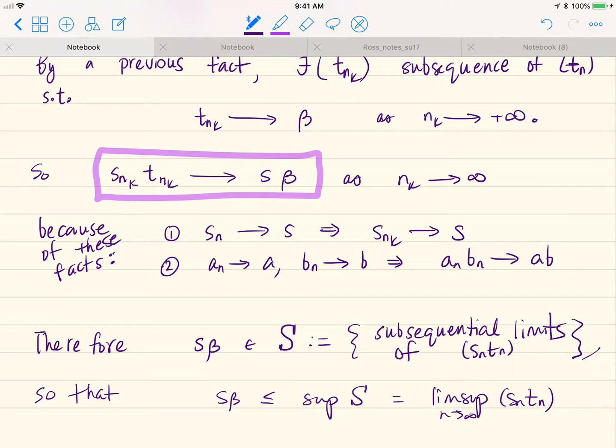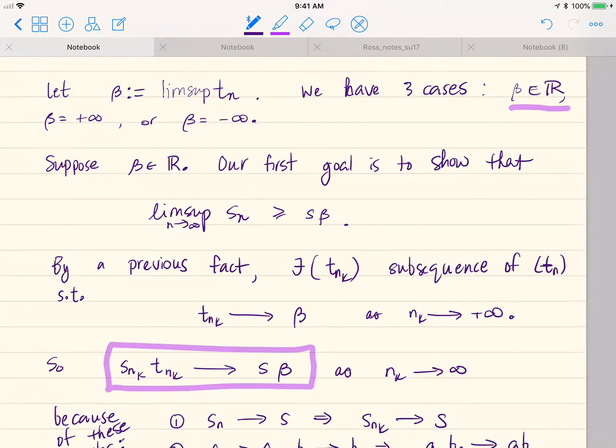The fact that it's the limsup is by a theorem from section 11 that we discussed in class Thursday. So we've shown what we wanted: S times beta is less than or equal to the limsup of Sn Tn.